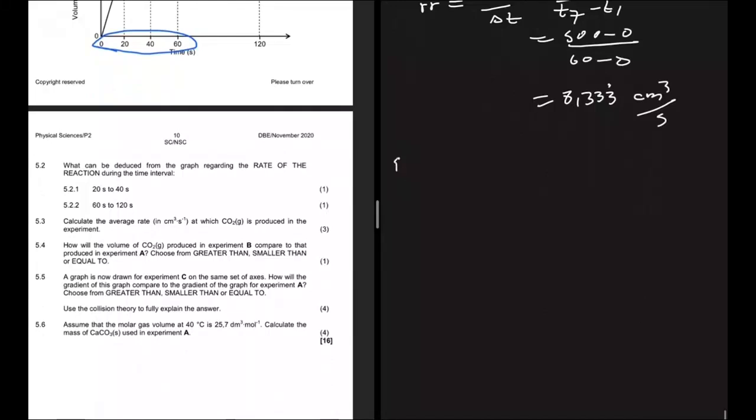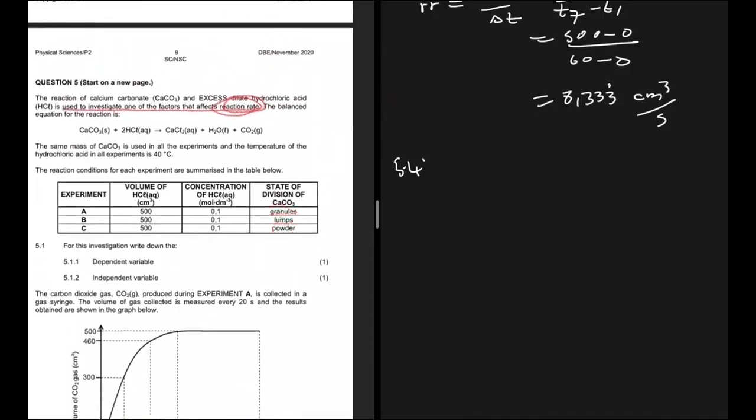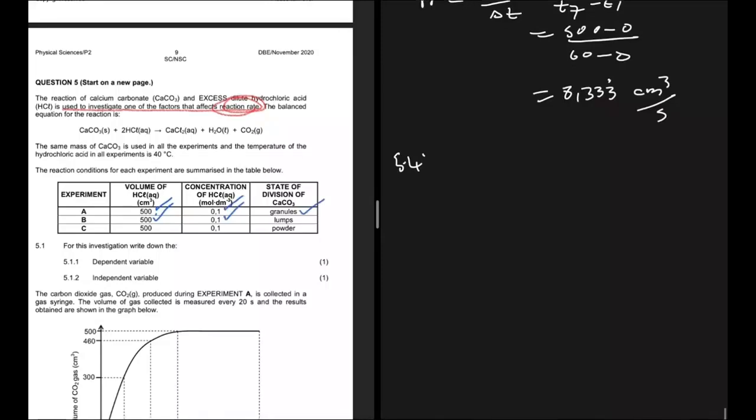And then we can move to 5.4, which says, how will the volume of CO2 produced in experiment B compare to that produced in experiment A? Choose from greater than, smaller than, or equal to. This is a tricky question, because let's look at experiment A and experiment B. We have the same volume of HCl for A and B, the same concentration of HCl, and instead of granules, they're using lumps.